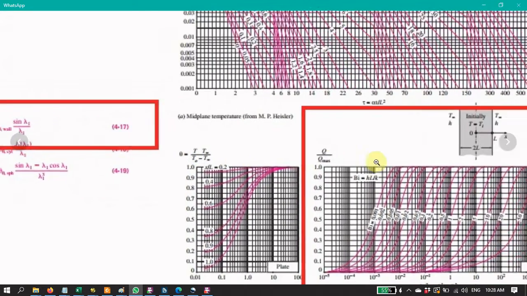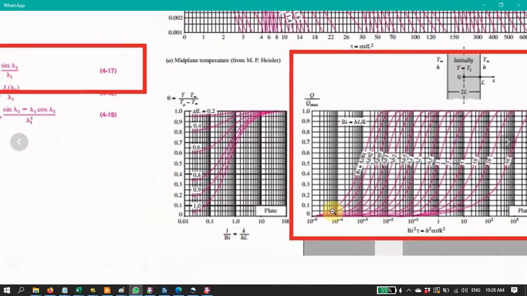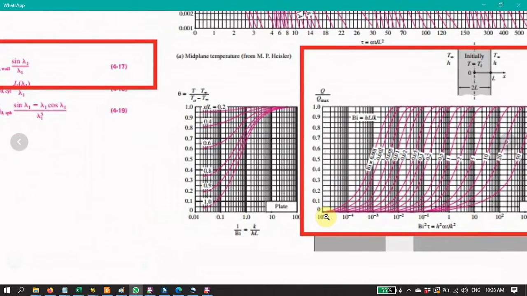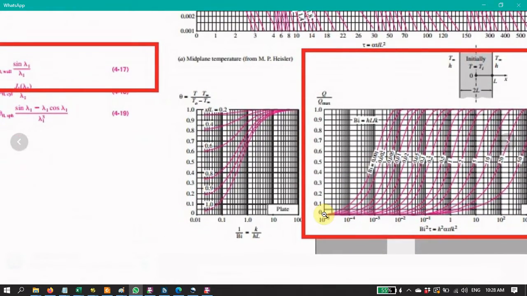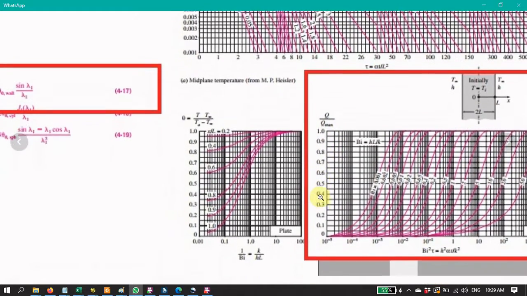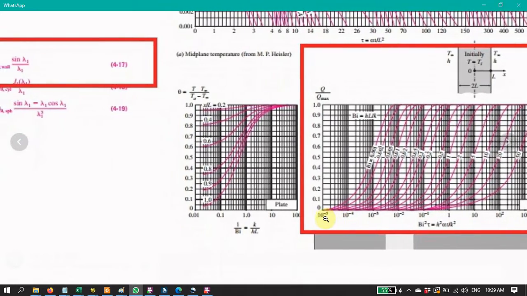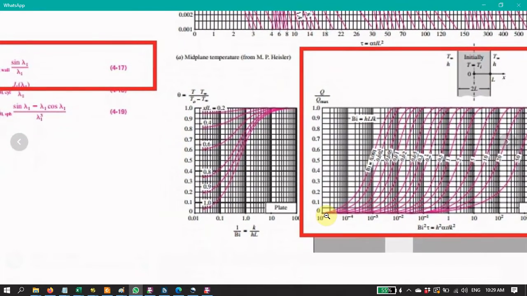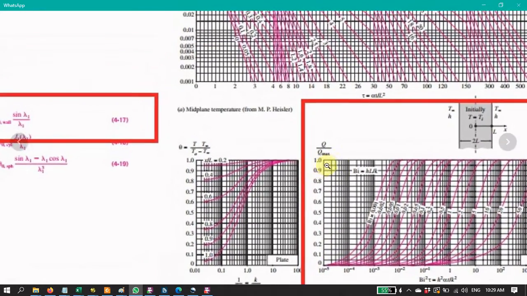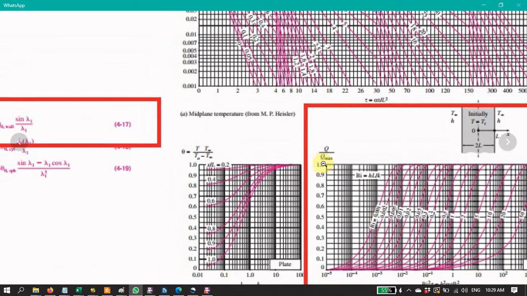If you look at the graph there, these are given in a logarithmic plot. The vertical axis is the ratio of heat entering the body, from zero, the initial value, up to the maximum when the body reaches the temperature of the fluid.